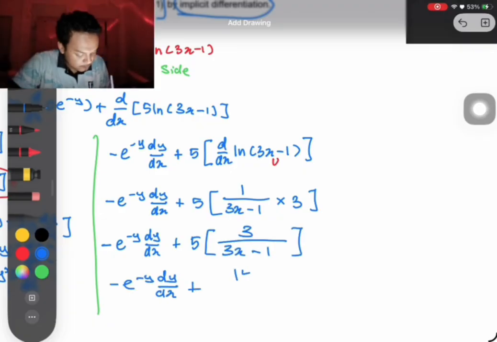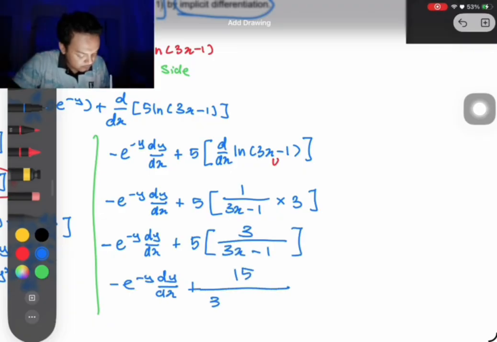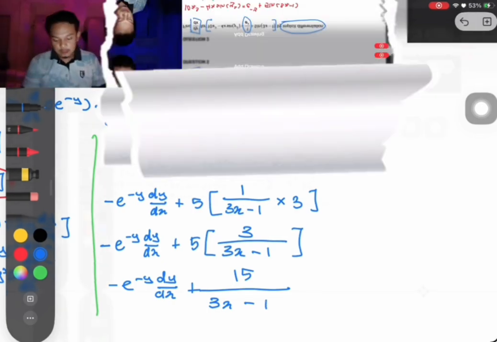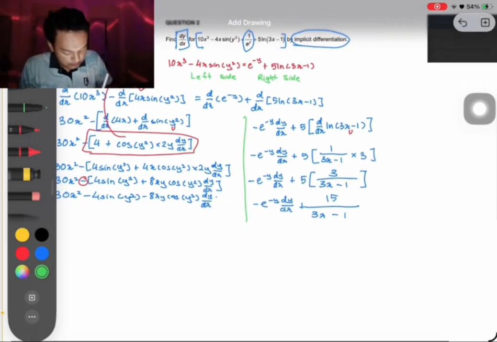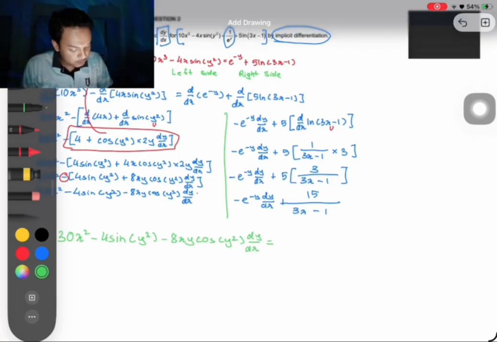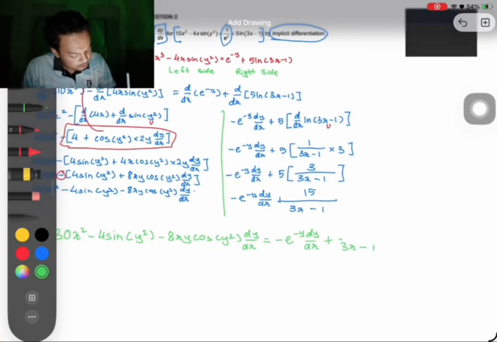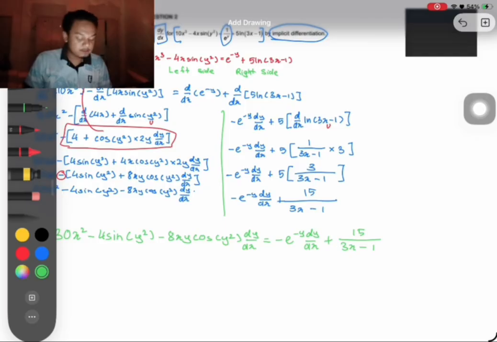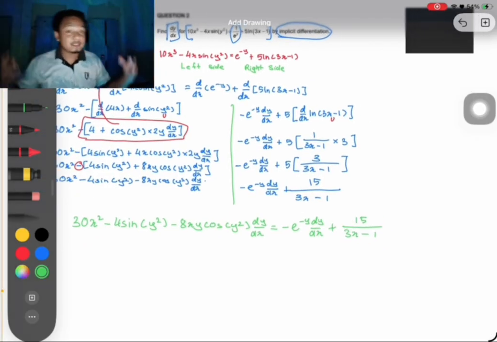We will get 15. So here it is. And so for the left side we got 13 over 3x minus 1. So that's the equation.